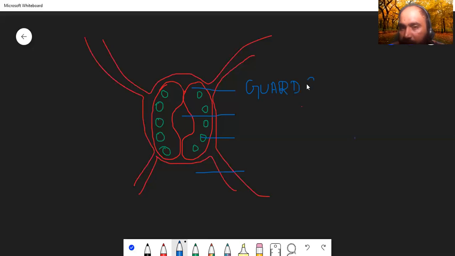It's very difficult to write with the mouse, really. Guard cell. Now this opening is nothing but the stomatal opening, or you can just write stomatal pore. So I will just write pore now.